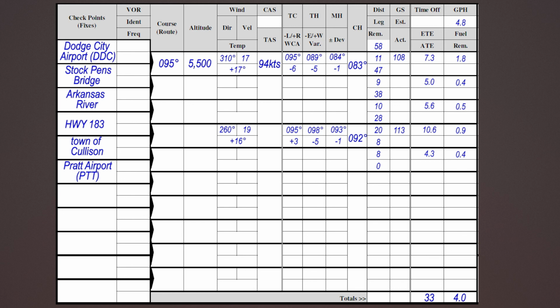As you're flying, you can recalculate it and see what the actual is, and you can write that in on the bottom. And the same thing goes for time. You can write in your time off or when you took off, and then add the leg time to it, and you can see what time you should be over your waypoints. And as you cross your waypoints, you can see if you're ahead of schedule or if you're behind. Also the VOR column, you can put in the VOR and the radial you will be on. That way you can triple check your position.